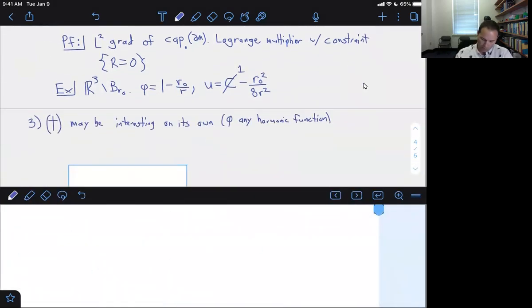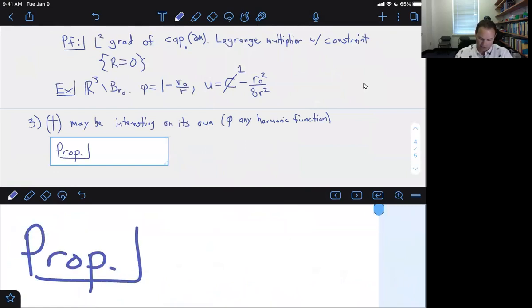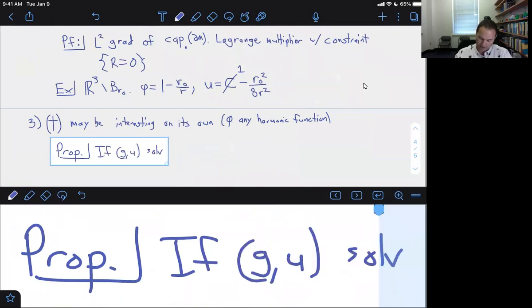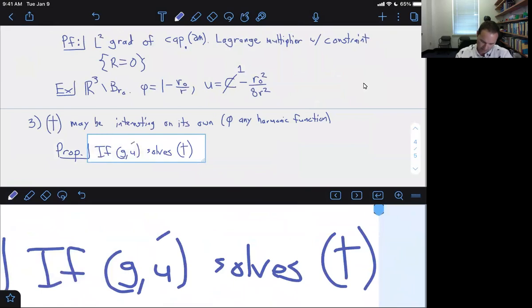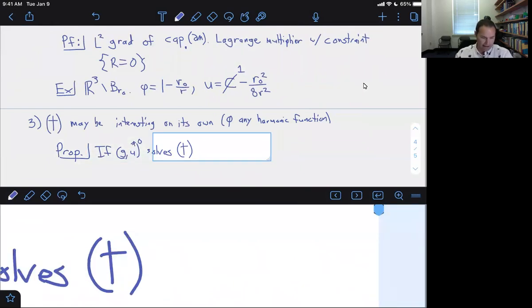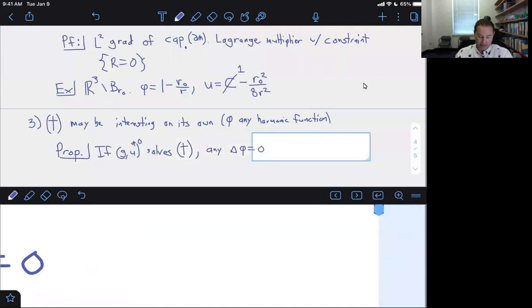So one thing you can say about them, proposition here: if (g, U) is a pair that solves that equation, let's say non-trivially, U is not 0, and this is for any harmonic function phi, then in that case R_g, the scalar curvature, is constant.